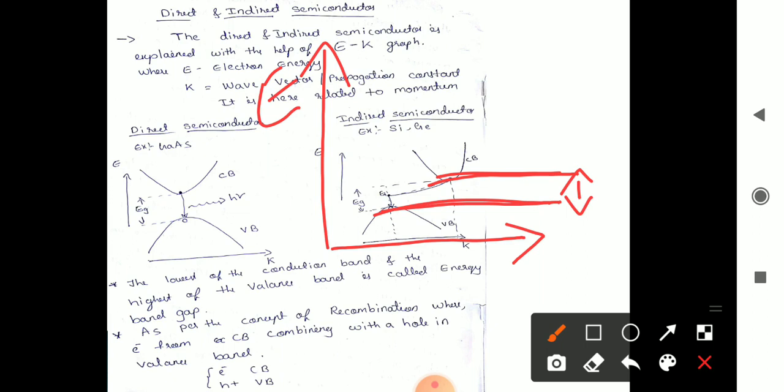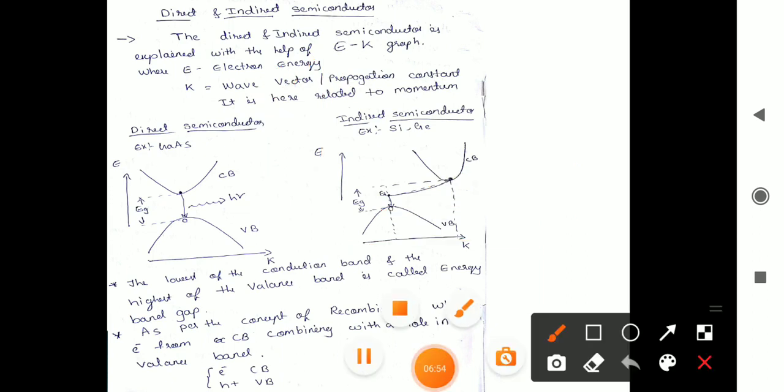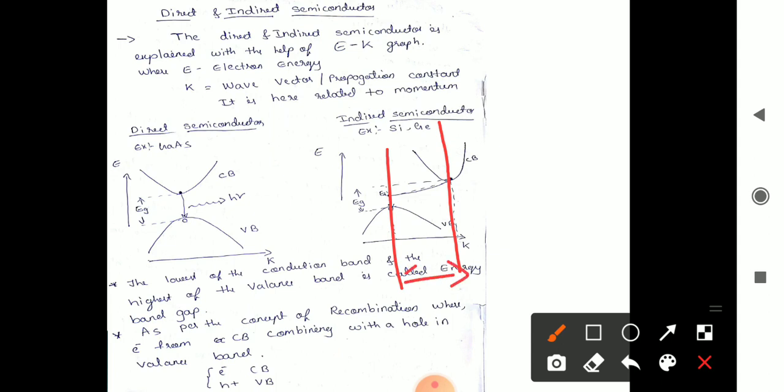Again, as per the concept of recombination, when an electron and a hole combine, they should satisfy energy conservation, as well as momentum should also be conserved. But if you see the graph, the electron which is present in the conduction band here and the hole which is present in the valence band, the k value is not the same for both.